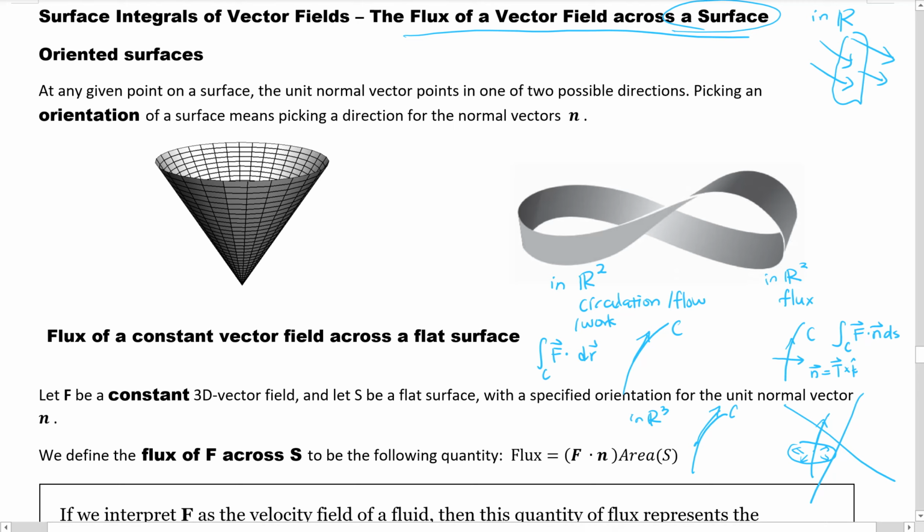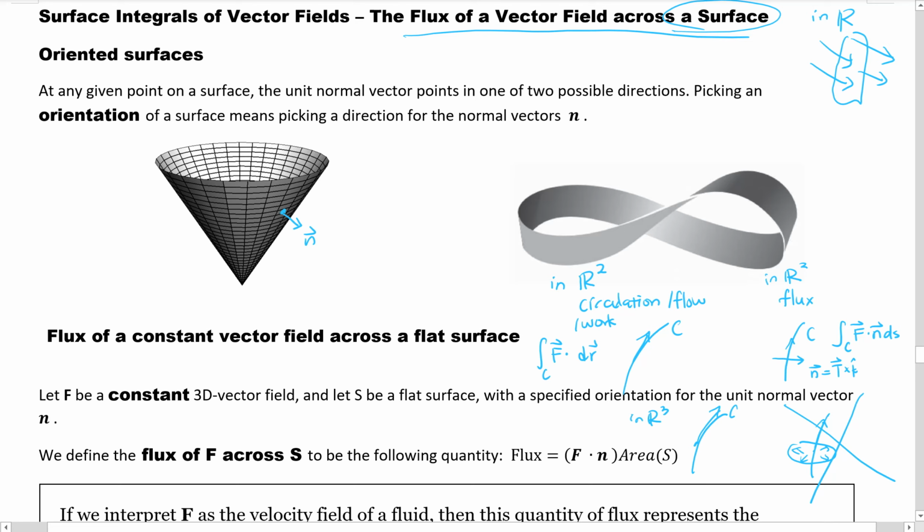So far, so good? First, let's talk about oriented surfaces. At any given point on a surface, the unit normal vector points in one of two possible directions. So we can pick an orientation of a surface, meaning we can pick a direction for the normal vector n. Let's say at this point, we pick this as the normal vector.